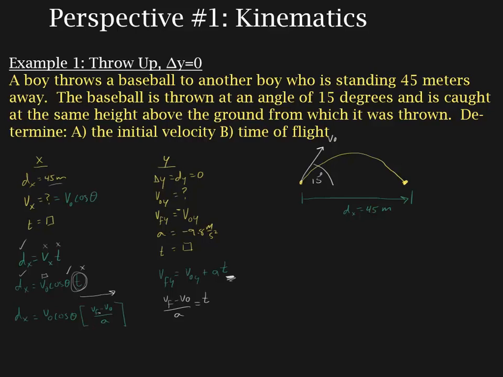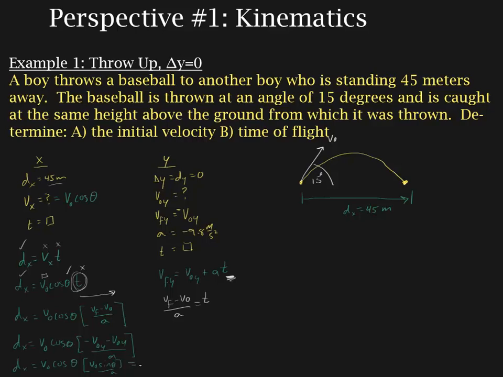We know that v final is equal to minus v initial, so we get dx is equal to v initial cosine of theta times minus v initial y minus v initial y over a. So dx is equal to v initial cosine of theta times minus 2 v initial sine theta, and this is all divided by a.